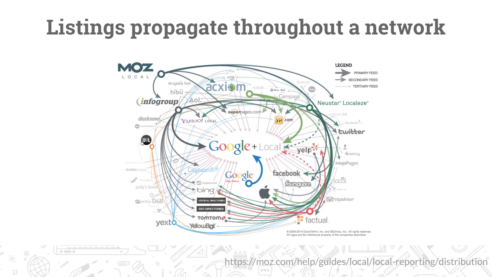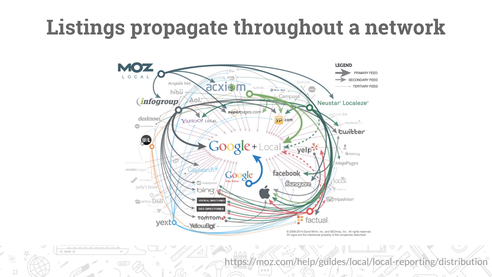Here you'll see names on this chart like Axiom and Factual and Neustar, Localeze, Infogroup. These might not be familiar businesses and companies, but we interact with them on a daily basis because they go out, identify, and try to find new listings and then populate those out into all different manner of other locations.